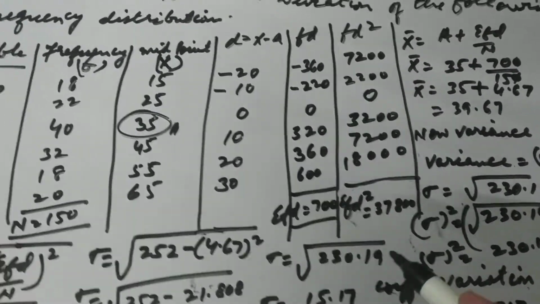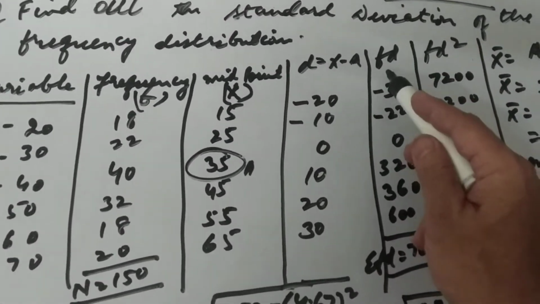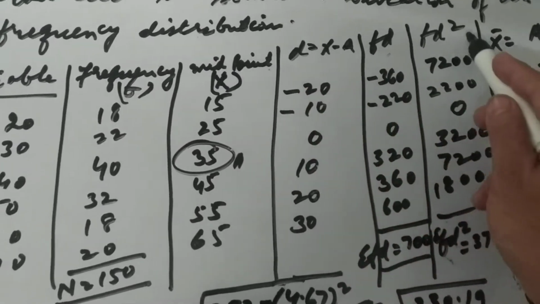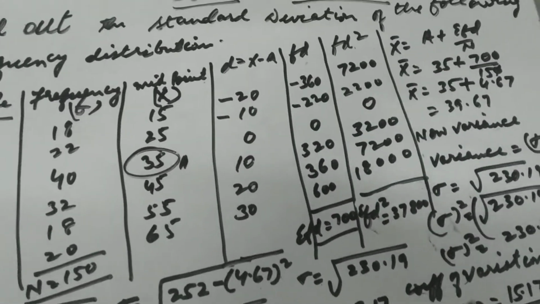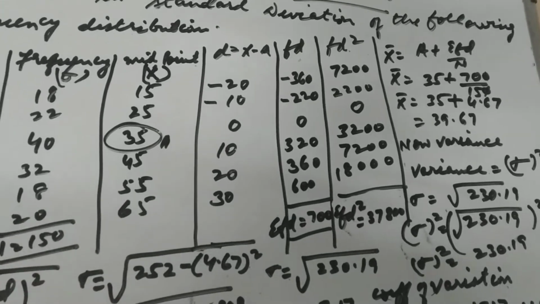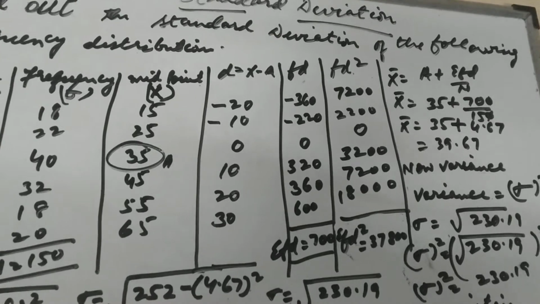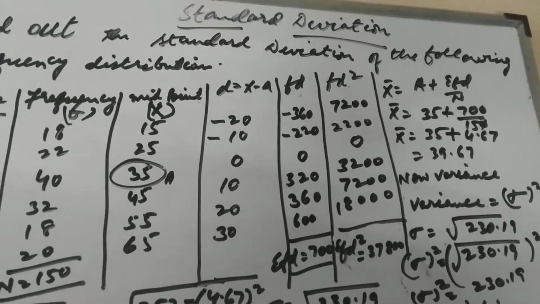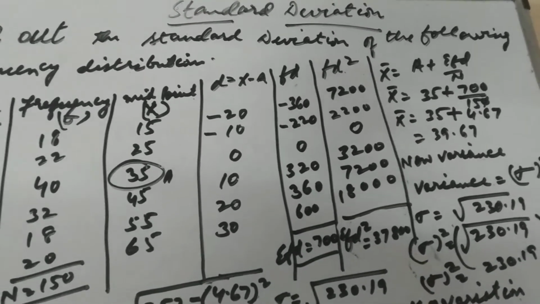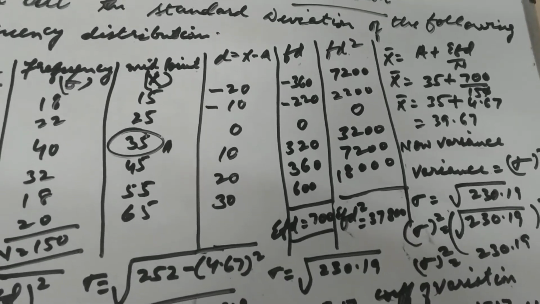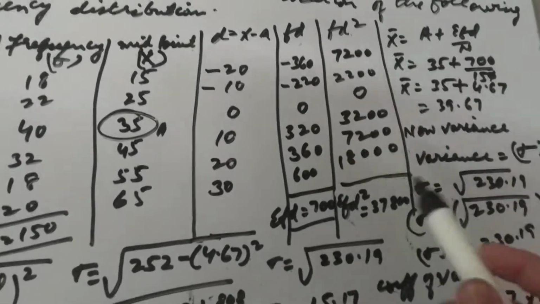Or otherwise, when you multiply FD into D, again you get FD square. I hope this point gets clear to all of you. So FD into D also gives you FD square. It is not FD into FD, it is actually FD into D that gives you FD square. I hope you got this, all of you.